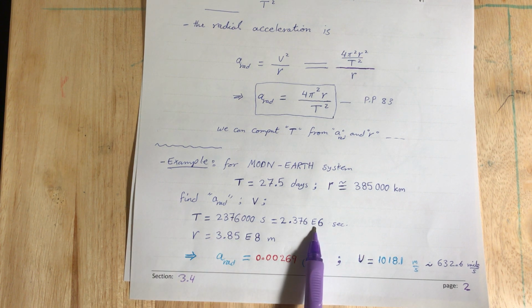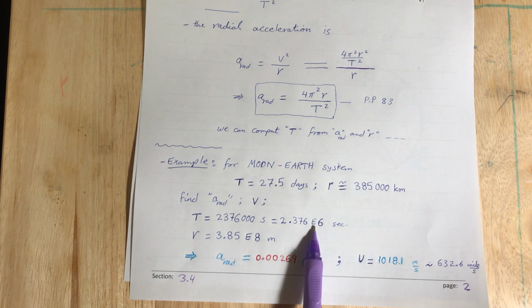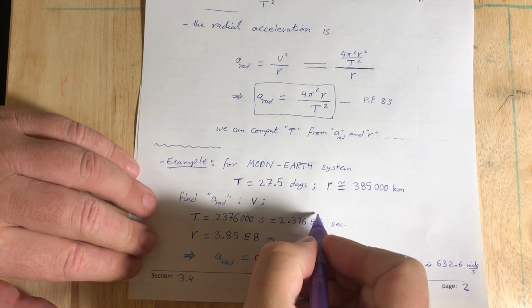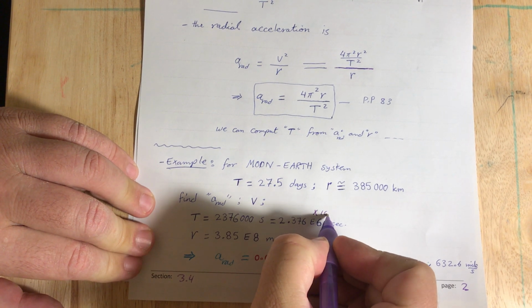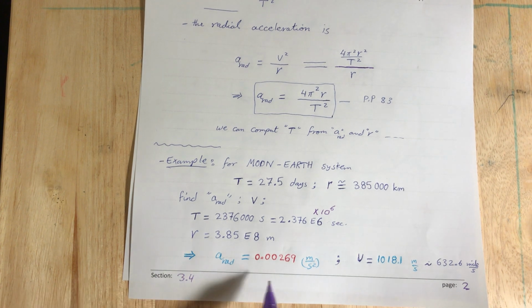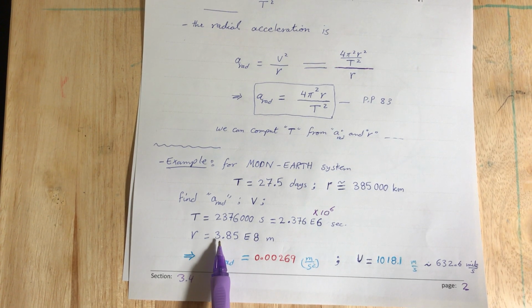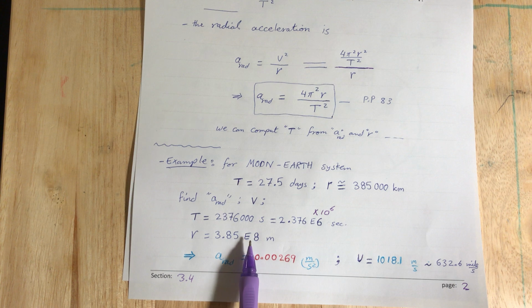I write it also here in scientific notation. I use E, which is equal to 10 to the 6. Also the radius, I write it in scientific notation, which is 3.85 multiplied by 10 to 8 meters.